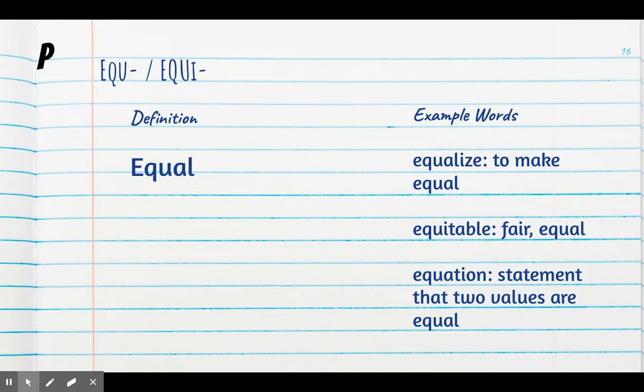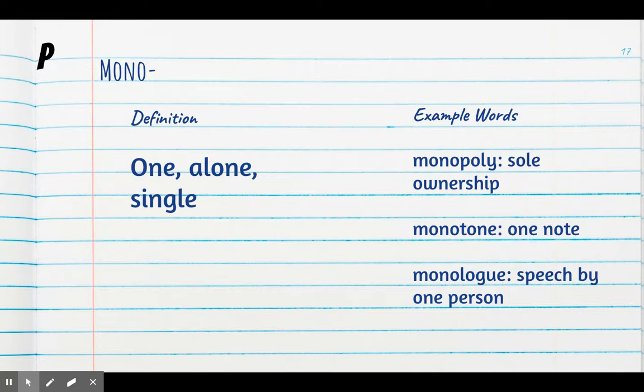All right, next one. Mono. So mono means one, alone, or single. So if you have a monopoly, that is where you have sole ownership of an industry or a company. You'll learn probably later this year in American history about the monopolies in the steel and the oil industries in the 1800s in America.